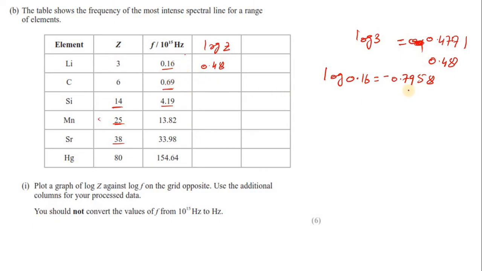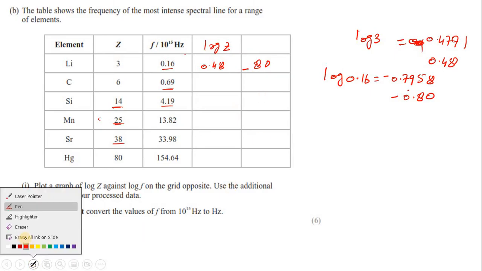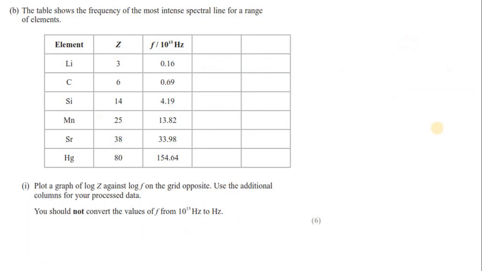So to 2 decimal places, you can round it off to negative 0.80. So here you will write negative 0.80, and then in the same way you complete the table. Once you do that, you have all these numbers. So this is the heading, and these are the values. These are the numbers of the column, the complete log values.